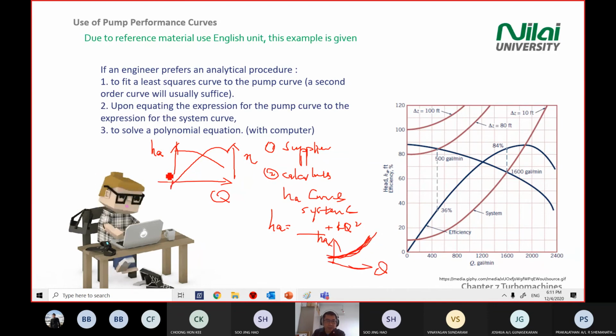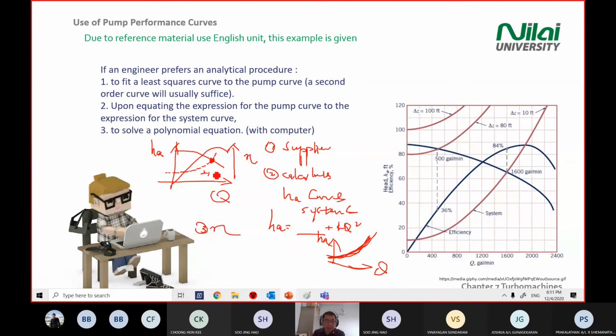So you will get the system curve. From the system curve, there's an overlapping point between the HA curve from the supplier or the pump tested value. The next point, the third point, you find the efficiency.